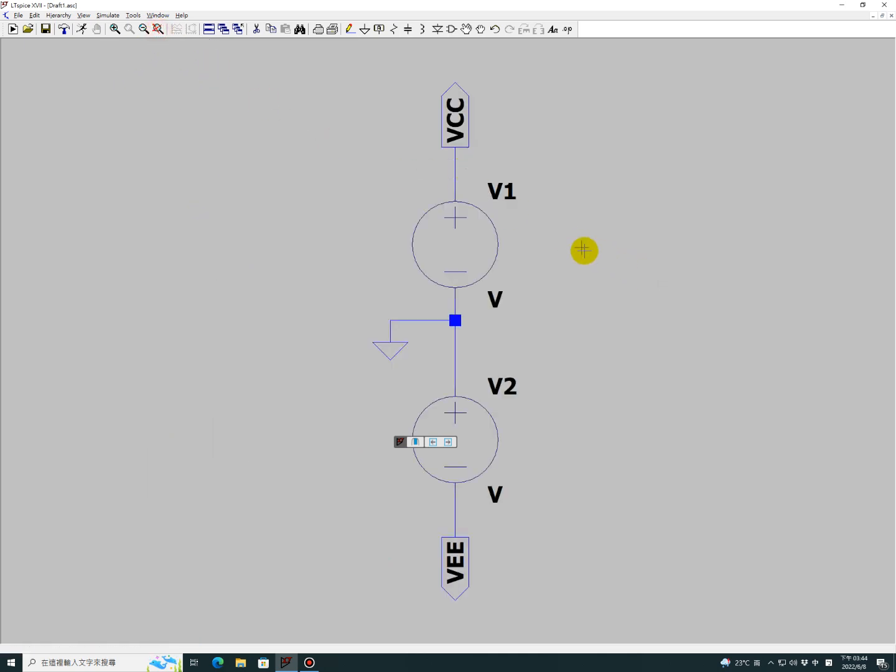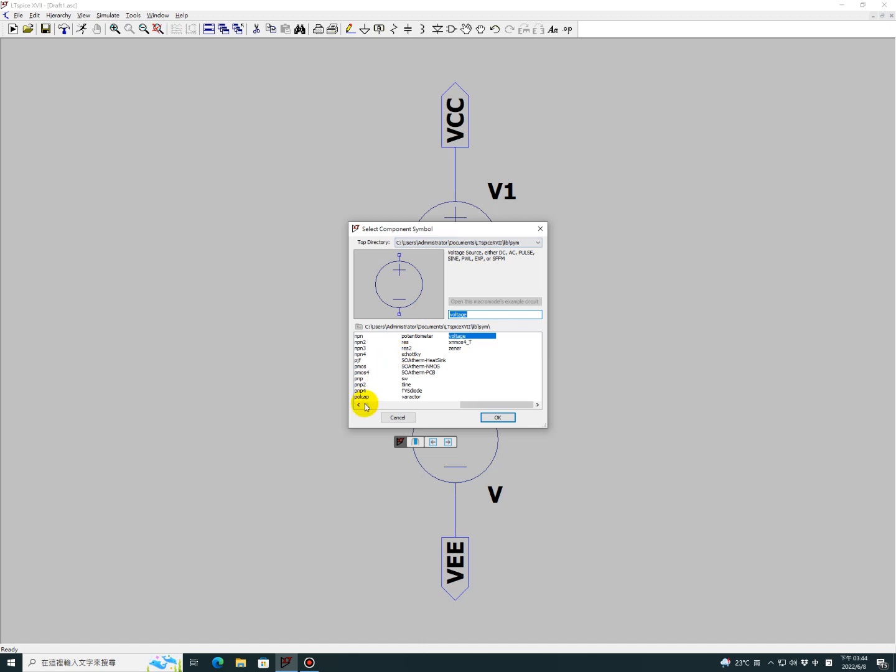Okay, now we can go to get the universal op amp model. The universal op amp model is in the library, and you go into it, go to the end. Here are all the op amps that have been modeled and established by ADI.